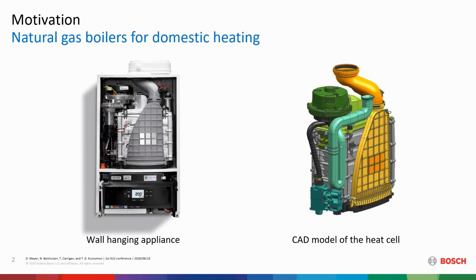On the right-hand side, you can see a CAD model of the heat cell. The heat cell is the core component of that boiler that converts chemically stored energy in the fuel into heat, which is then used to heat up water for room heating or hot water supply.